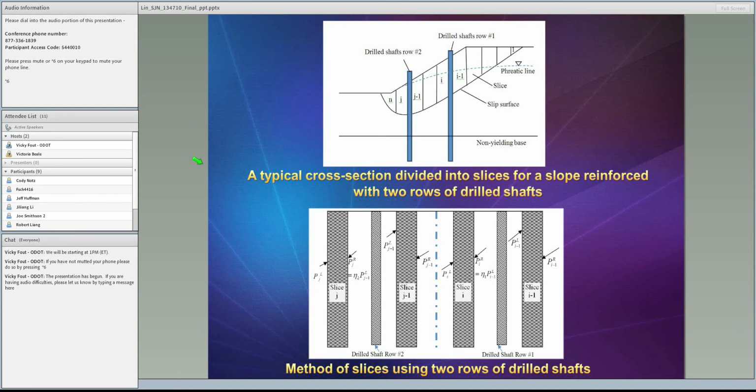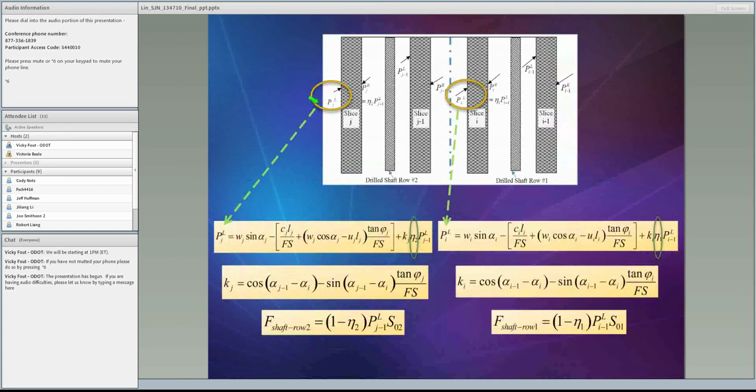Eta 2 is shaft row number 2. If we're adding another, for example, shaft row number 3, it means another equation. This one is eta 3, and these etas are independent.